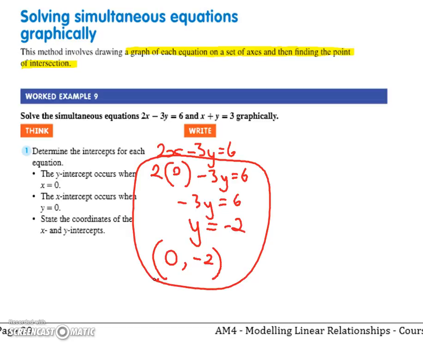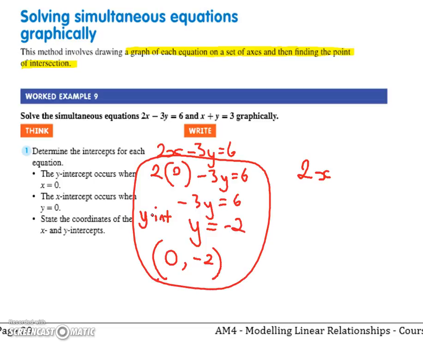So we've now found the y-intercept for that one. Let's find the x-intercept now. We're still doing the first one, and this is the y-intercept.